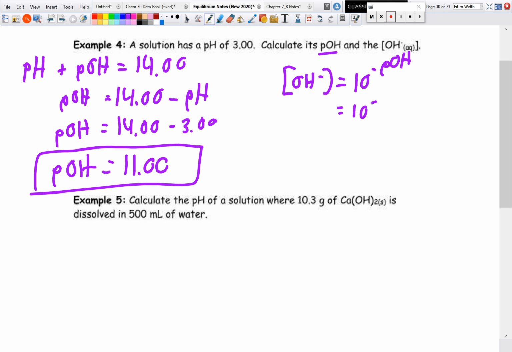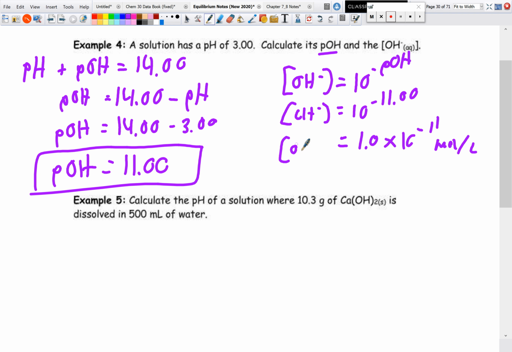So if the pOH is 11.00, we get 1.0 times 10 to the power negative 11 moles per liter. And that is how we can solve ones like this as well.